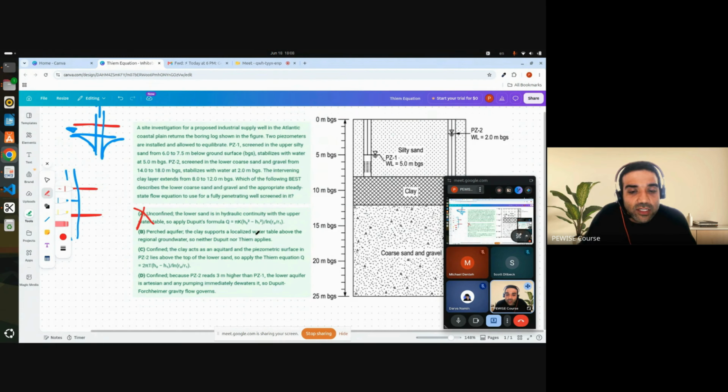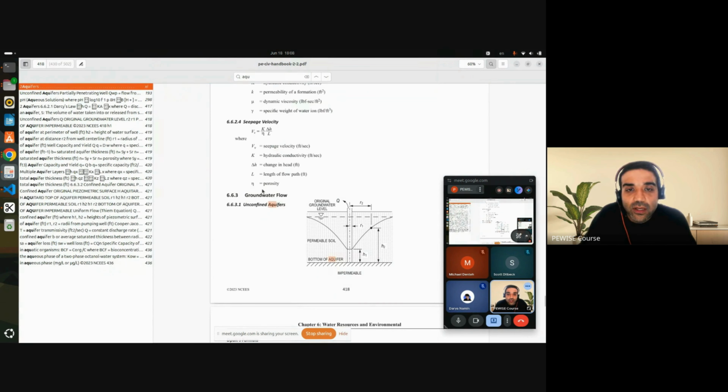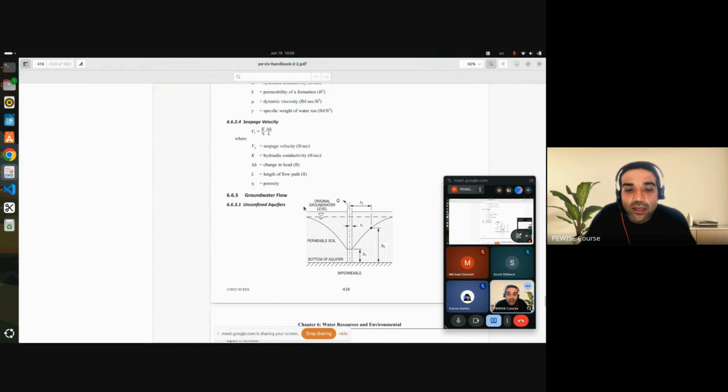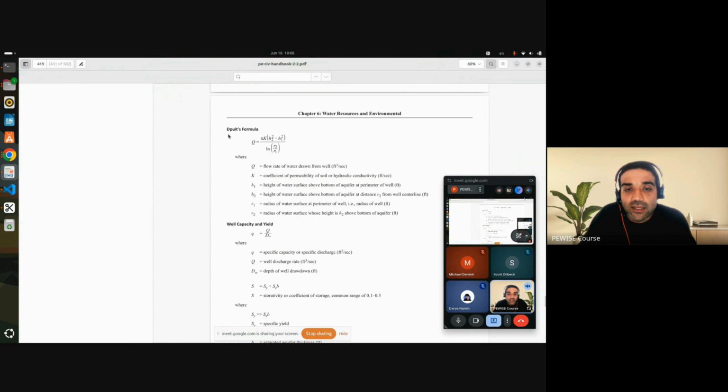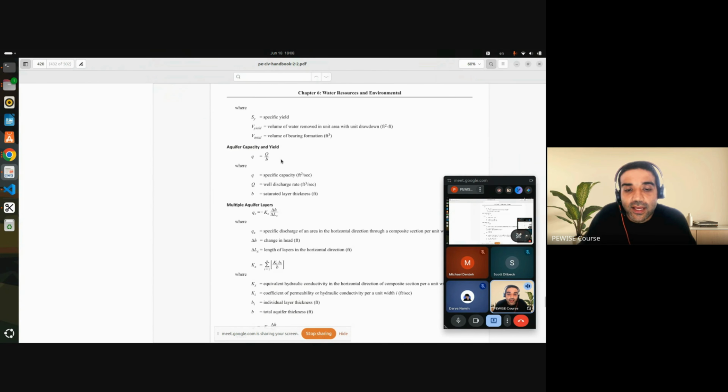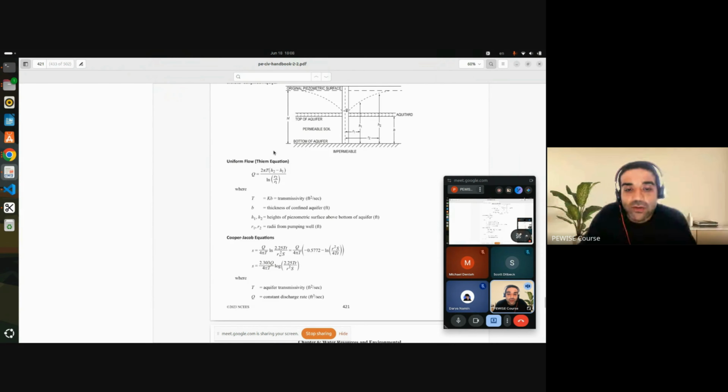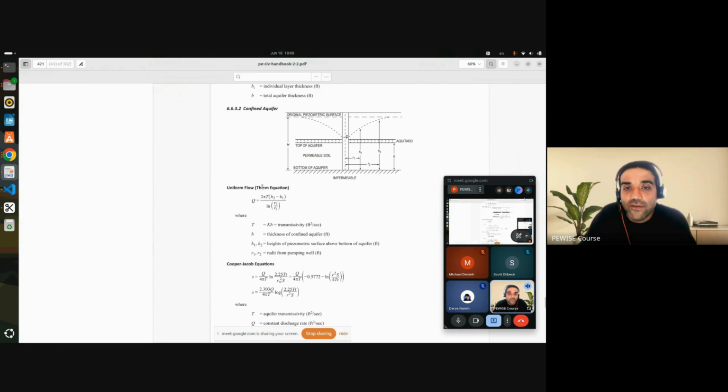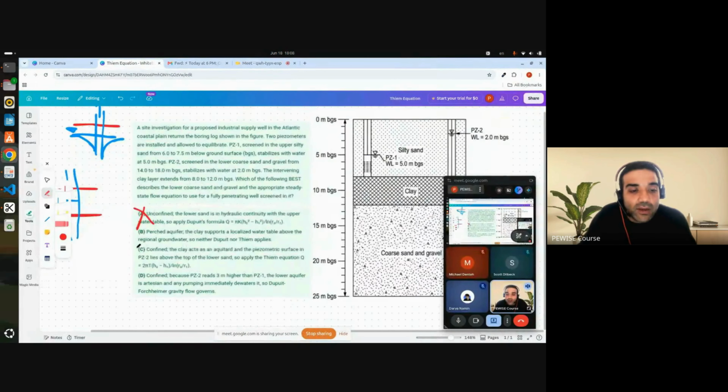The clay supports a localized water table above the regional groundwater, so neither Dupuit nor Thiem applies. In your manual, you have Dupuit's equation for unconfined, and when you come down, you have a Thiem equation for confined aquifers. For the problem we have right now, the Thiem equation applies. Because the Thiem equation applies, this option is wrong.